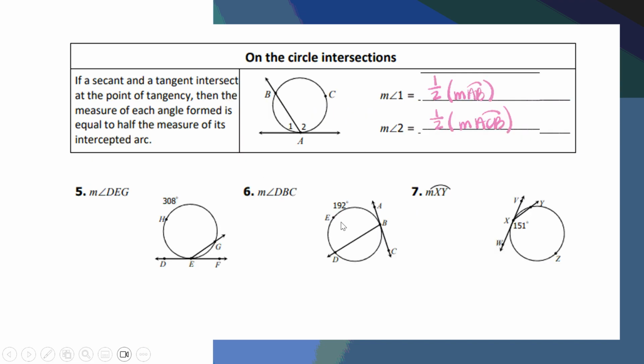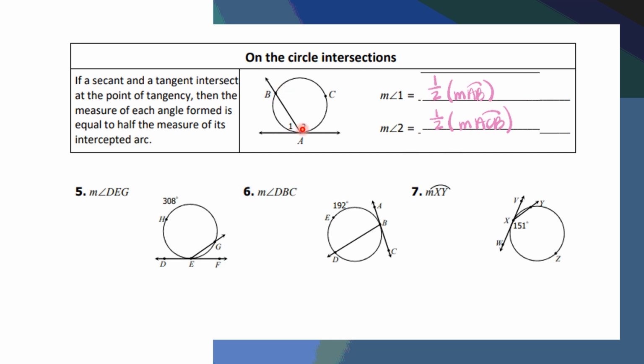Okay, so let's go on to a more simple one, or at least in my opinion, this one's even more simple. So if you have a secant and a tangent, so here's your secant at BA, and then this guy right here is your tangent, touches at one point. Okay, so basically the measure of these angles formed at the intersection are just half of the arc that's directly in front of them.